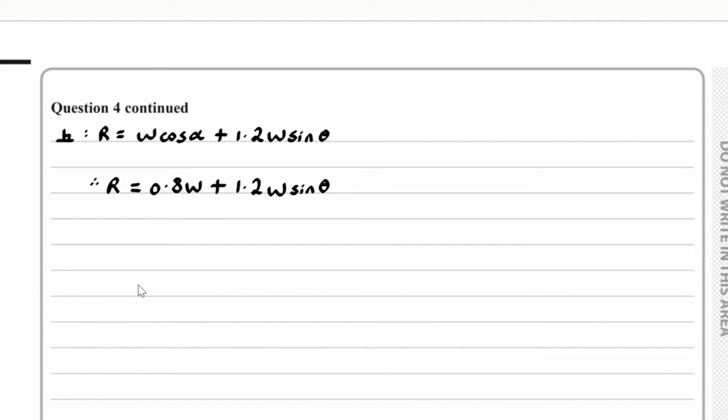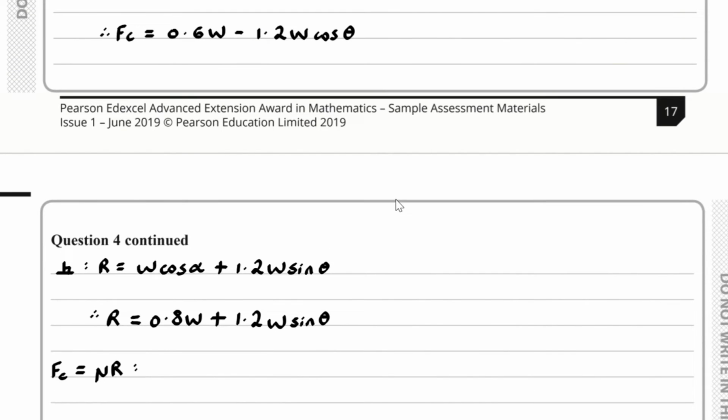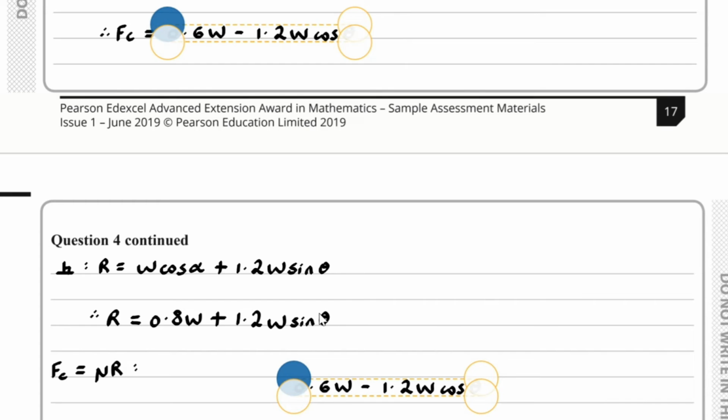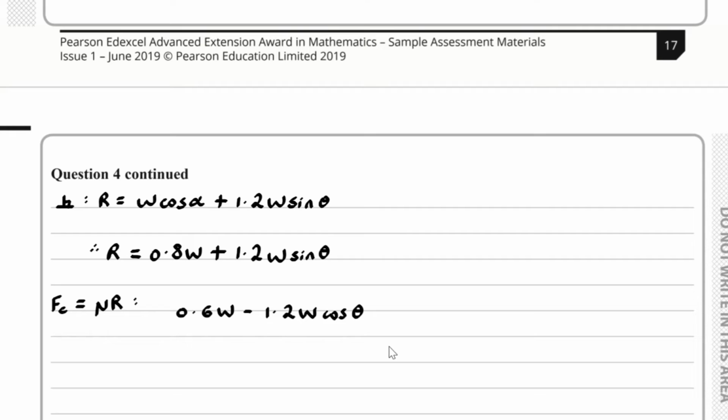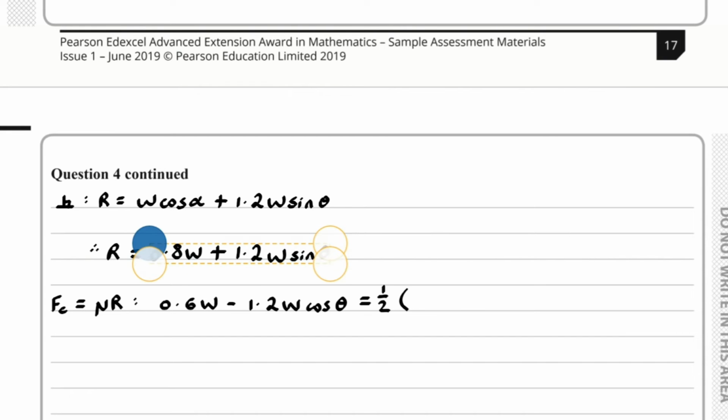Now, if we consider limiting equilibrium this time, with friction acting up the plane, Fc equals mu R. We've got Fc, which is the 0.6 W minus the 1.2 W cos theta, and that's equal to 1/2 lots of R, which is 0.8 W plus 1.2 W sine theta.